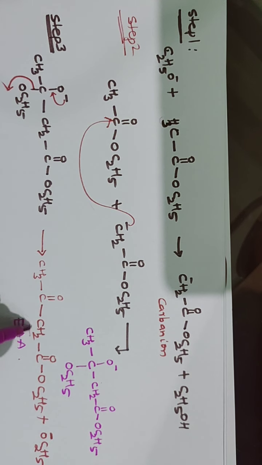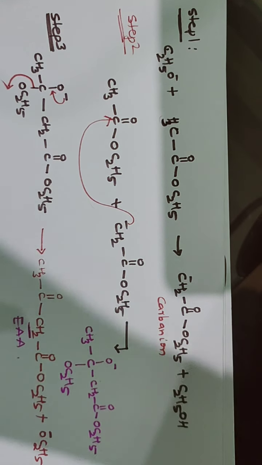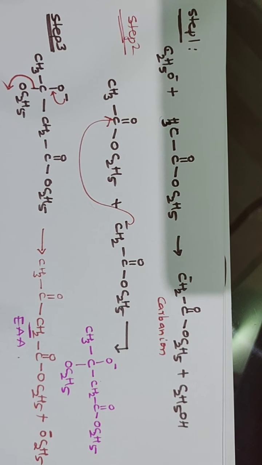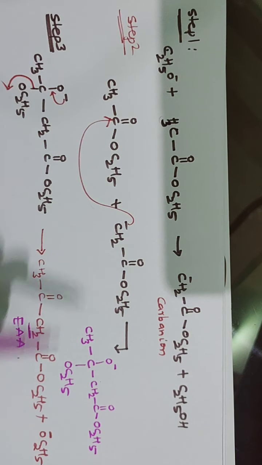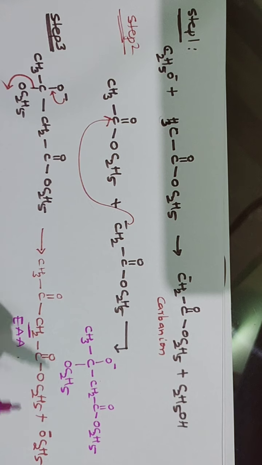This is an active methylene compound, and you all know that active methylene compounds are generally acidic in nature. Since active methylene compounds are acidic, and we have ethoxide in the solution, and you know ethoxide is a strong base, this ethoxide will abstract this proton.